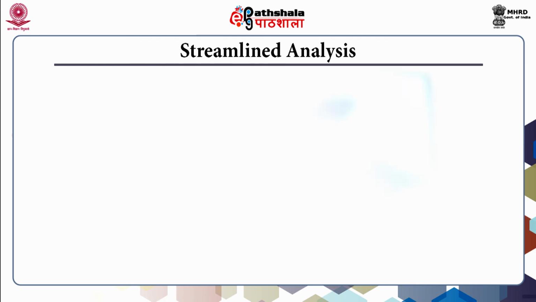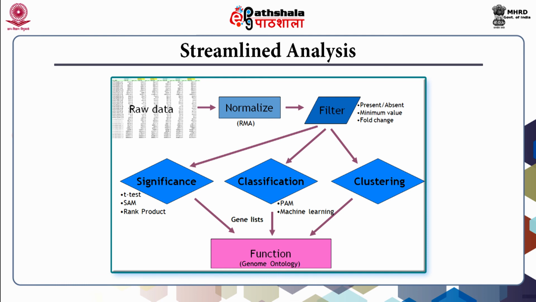We understand that the streamlined analysis of microarray data involves processing the raw data to normalize and then filter the normalized data sets for significance, for classification as well as clustering, to understand the genome function or the gene networks, so that we can do functional analysis or network analysis.